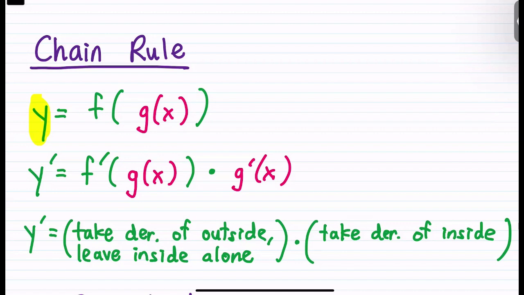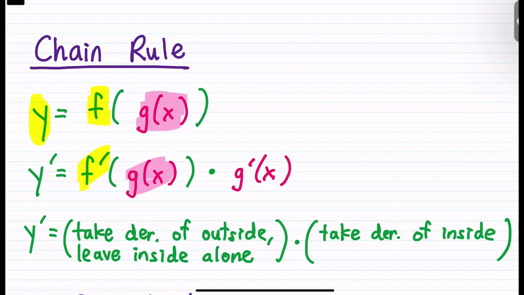In this case here, what I wrote in red here, which is the g function, is our inside function, which is inside an even bigger function, which I refer to as f. To take the derivative of this composite function, we first take the derivative of the outside function, but remember to leave the inside function alone.